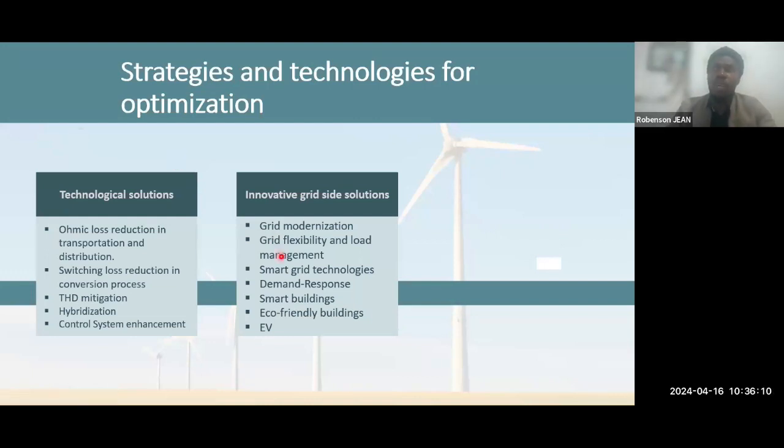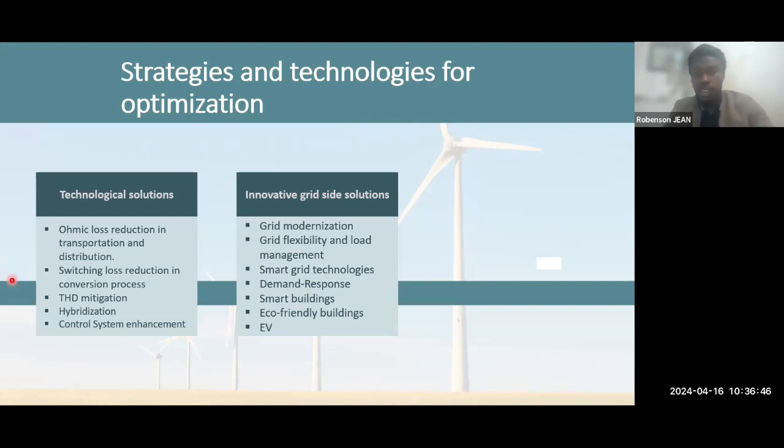The grid flexibility will help a lot because grid flexibility refers to the capability that a power system has to maintain or to alleviate any imbalance between the load and the generation, or it helps us to maintain the balance between generation and the load during uncertainty.